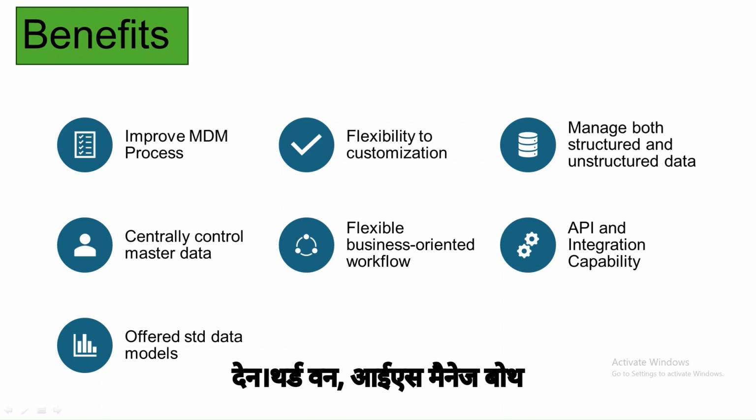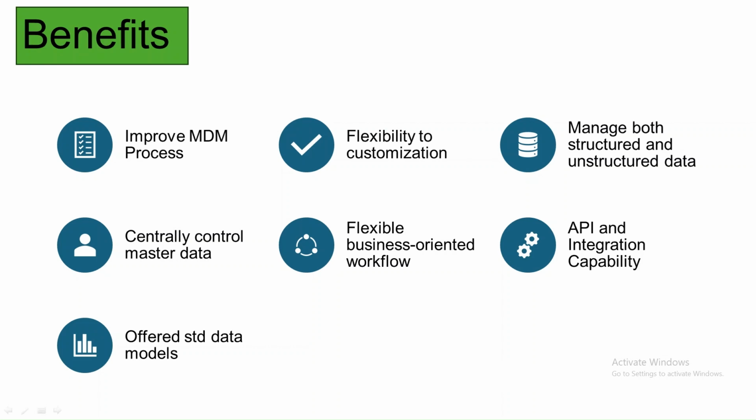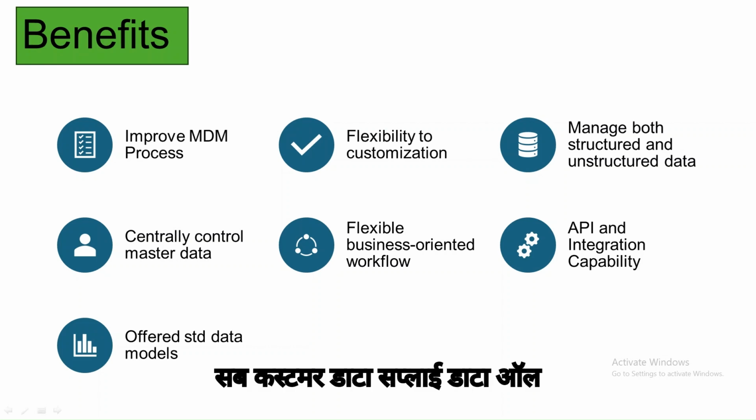And then the third one is managing both structured and unstructured data. Structured data means your material, customer data, supplier data, all those are structured data. Unstructured means like email communication. Master data governance can handle both structured and unstructured data.